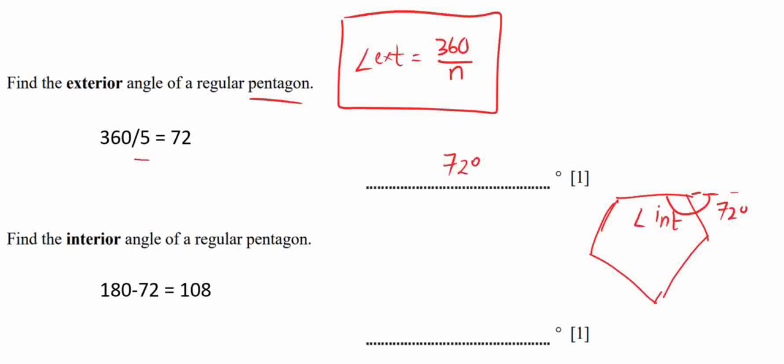It will form a straight line, so that's why we just subtract 180 minus 72 to get 108 degrees for each interior angle. Alright, let's move on to the next question.